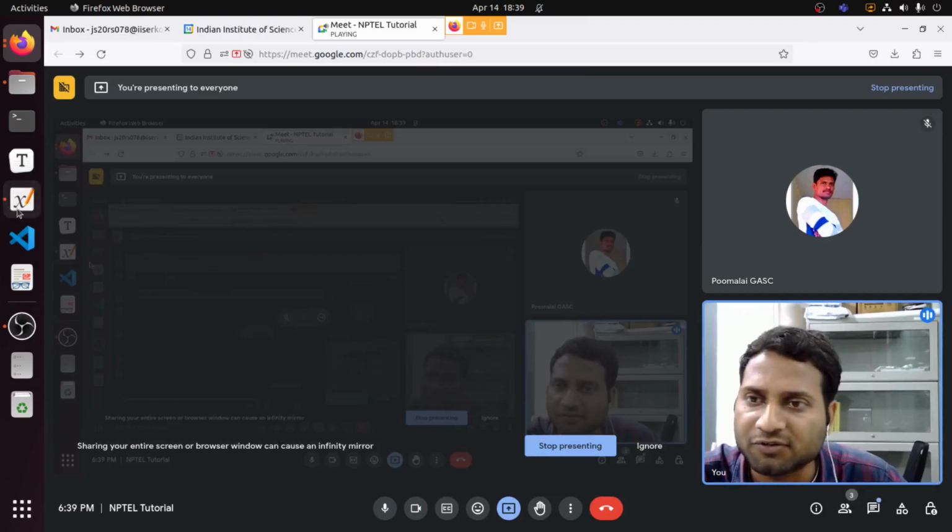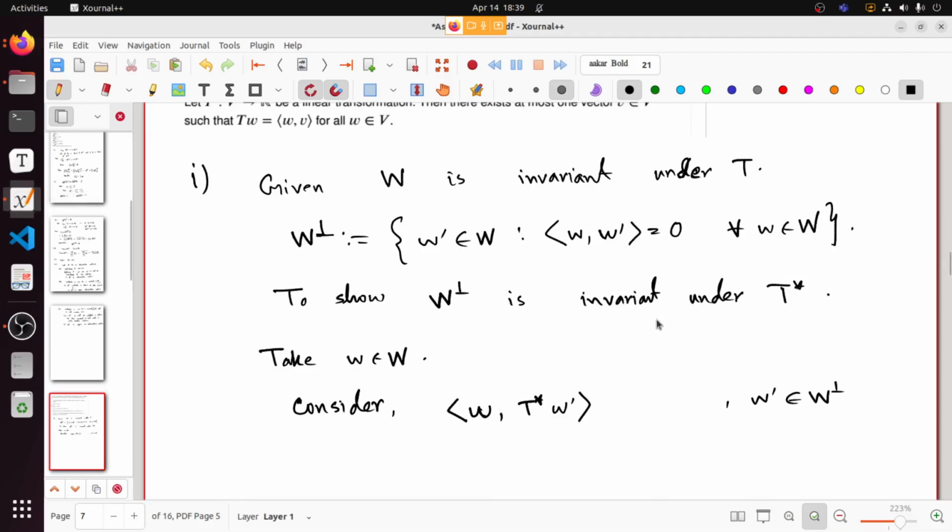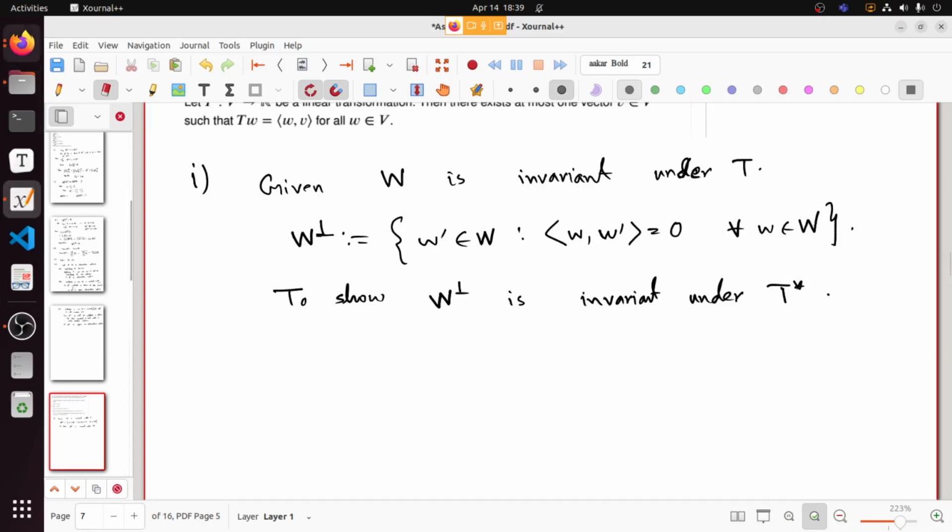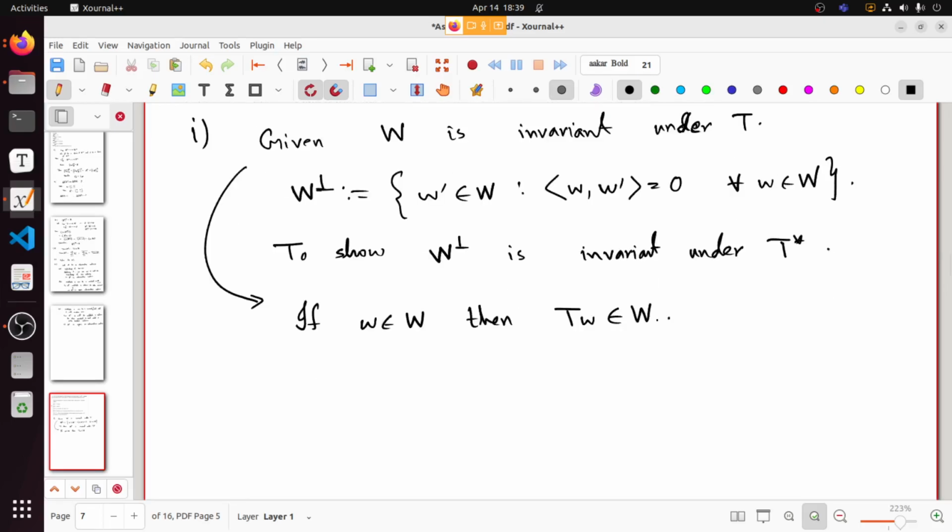What do you mean by W invariant? So basically, W is invariant means if W belongs to W, then TW belongs to W, right? So this is the meaning of invariant. So we have to show that W perp is invariant under T star.